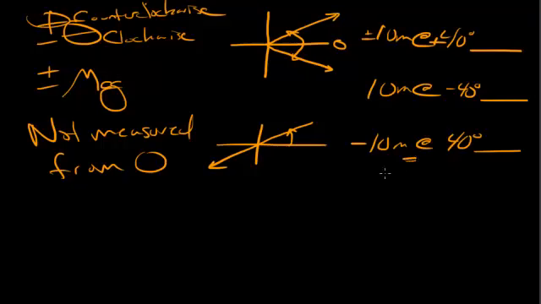So this vector will be the same as 10 meters at 220 degrees, with nothing after, assuming measured from zero. So I'm going to go 180 plus another 40 to get my vector where it actually belongs.